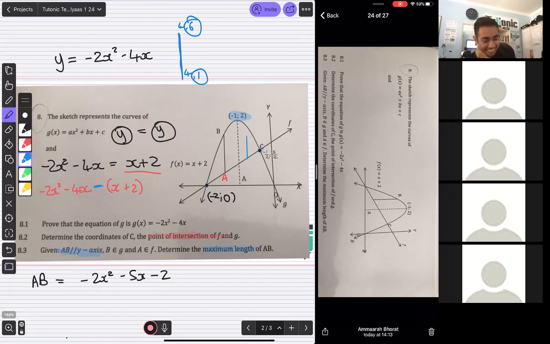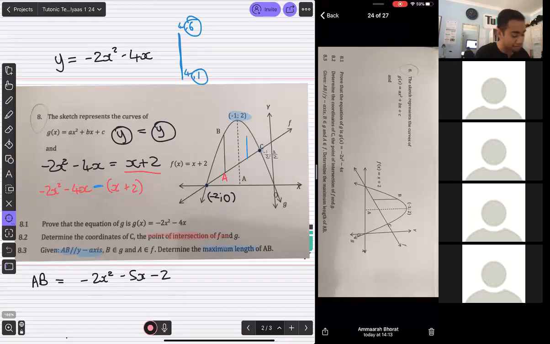Who wants to give it a go? What's the maximum length of AB? If this is the equation of AB, what's the maximum length of AB? Won't you fill in the x value from the turning point until where it meets the straight line?